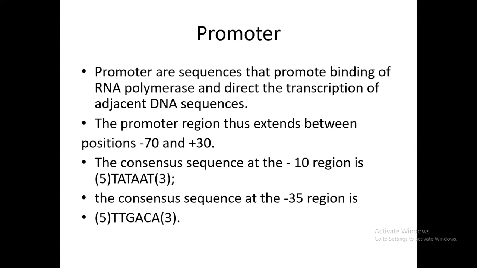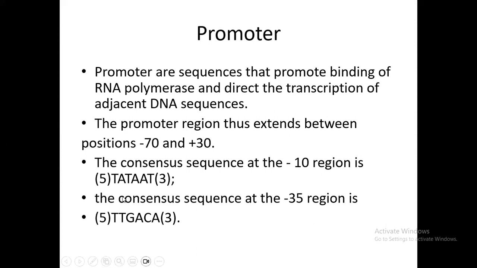So the transcription start site is denoted by the +1 position, while all the bases that are present before the transcription start site are given a negative denomination, and all the bases after the transcription start site are given a positive denomination. Two types of sequences are important in prokaryotic transcription initiation.